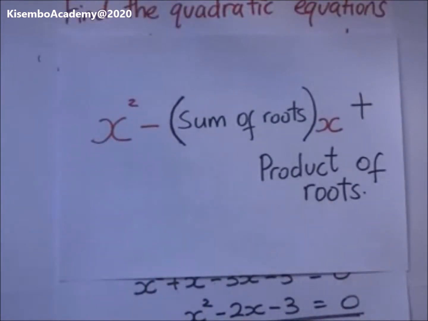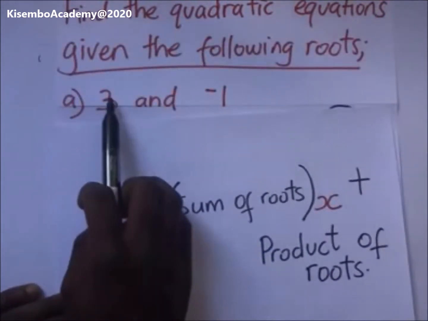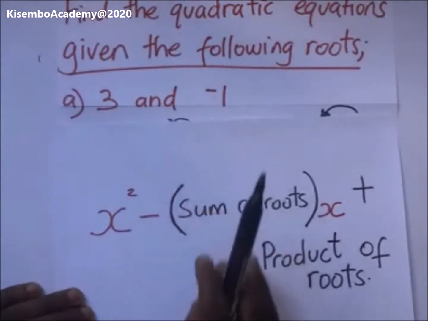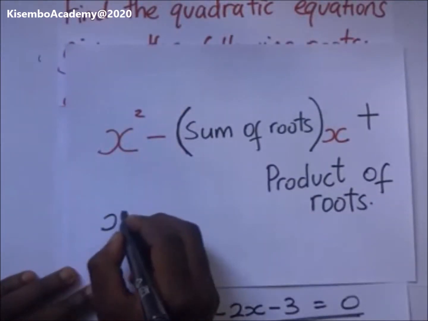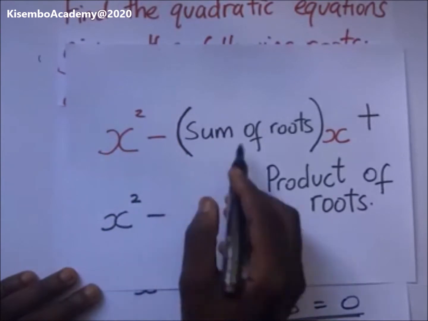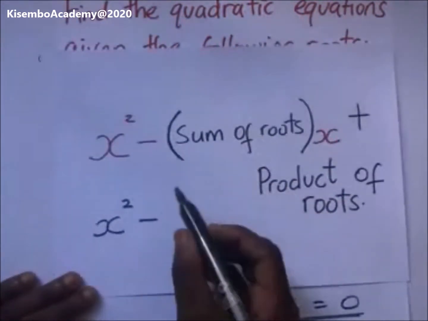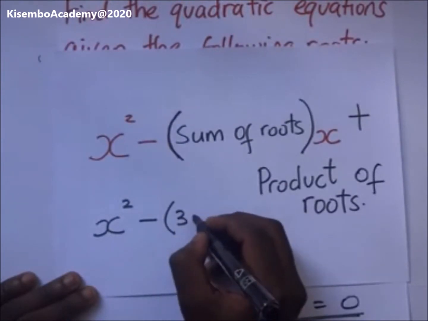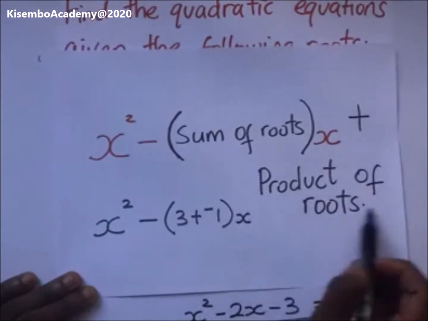Let's assume we have been given roots of 3 and negative 1. So let's substitute directly here. It's going to be x squared minus the sum of the roots. The sum of the roots is 3 plus negative 1, so it's minus (3 plus negative 1) x, then plus the product of the roots.